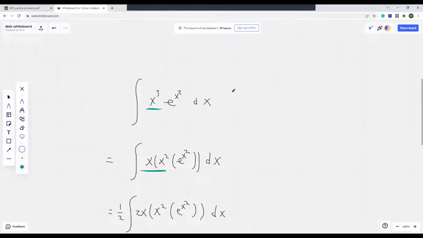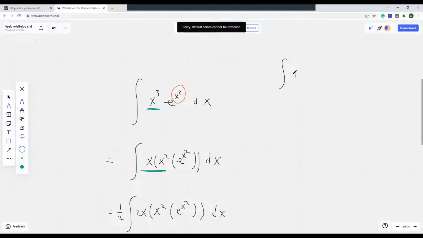Okay, well, where it's going to start for me, I'm going to be looking at this and saying, yeah, I do want to do a u substitution. And what's really our only candidate for the inner function is x squared. Because remember, the u substitution is going to come down to the following identity, really, right?